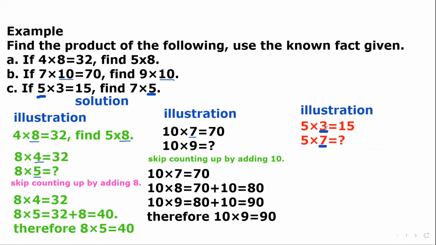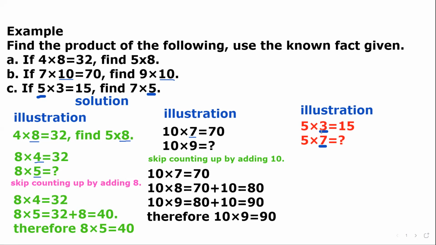This number has increased to 7. So you need to skip count up. You are going to skip count up for 4 times before you reach 7. So make note of that. There's a difference from 3 to 7. The difference is 4. So the 4 movements mean that you'll be adding the multiplier 4 times before you reach the 7. Good.